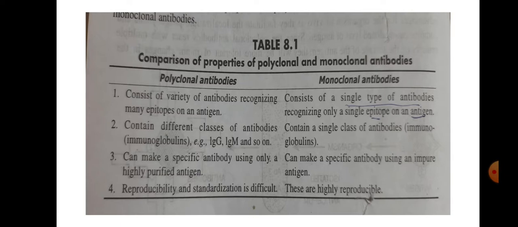Polyclonal antibodies can make a specific antibody only using a highly purified antigen, whereas monoclonal antibodies can make a specific antibody using an impure antigen. So that makes a difference between polyclonal and monoclonal antibodies. Polyclonal antibody production requires purified antigen to produce a specific antibody, whereas in monoclonal antibody production, even impure antigen can produce a specific antibody.